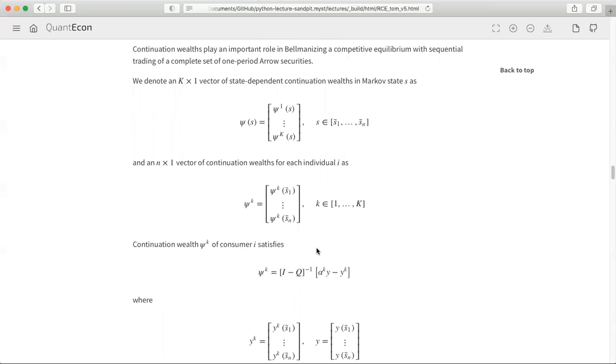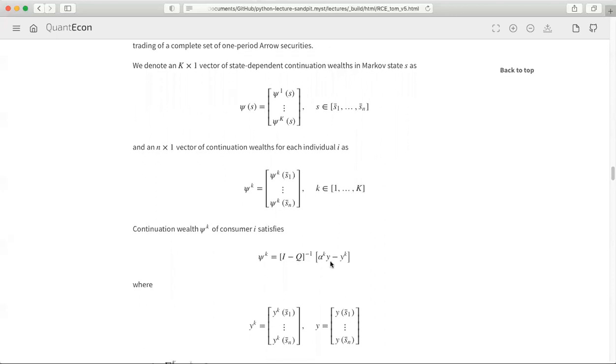So if we knew what people... now we're in a chicken and egg problem. If we knew what these continuation wealths are, they're going to be state variables in the individual's optimum problem. But to figure out what they are, in an equilibrium, we have to know what these alphas are.